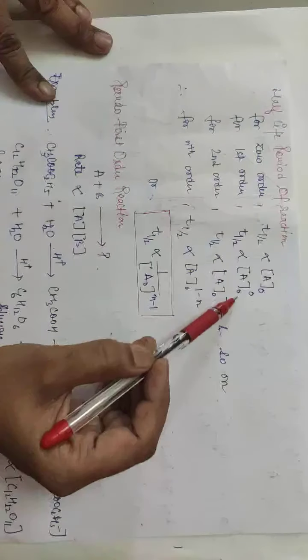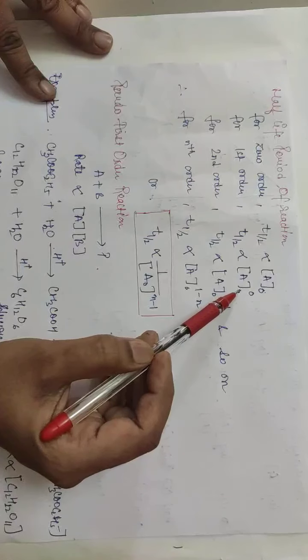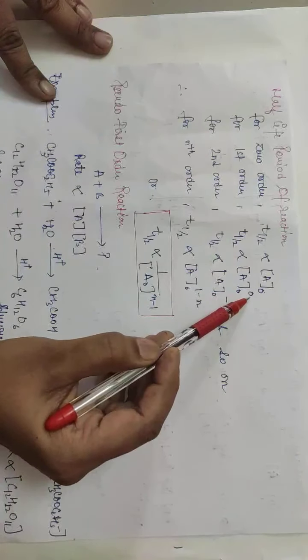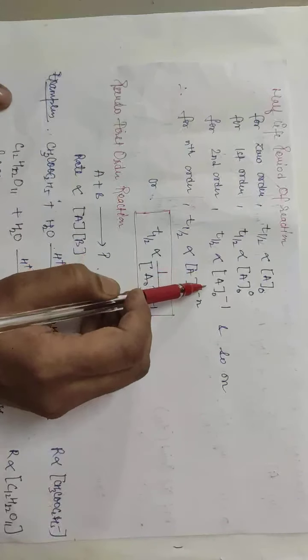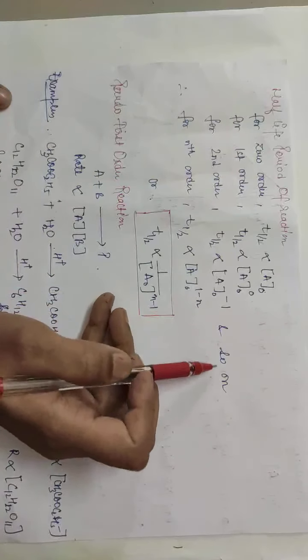So you can write t half is directly proportional to the initial molar concentration to the power 0. For second order reaction, similarly t half will be directly proportional to initial molar concentration to the power -1 and so on.